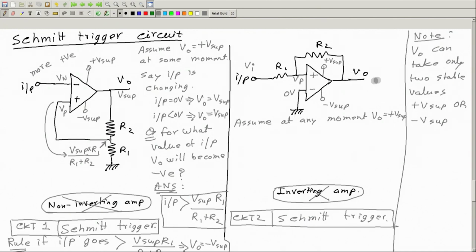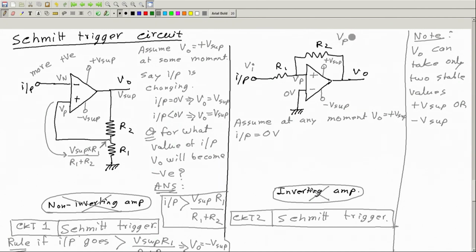Now, output is positive. Say the input is equal to 0 volt, then this is 0, this is positive. What will be V P? It is some sort of average of these two voltages V I and V O. Let me also write the value of V P here.